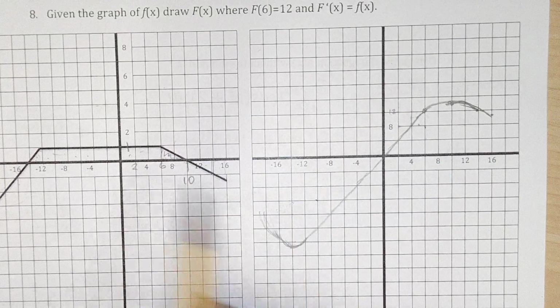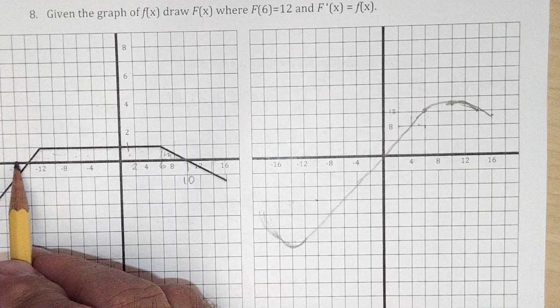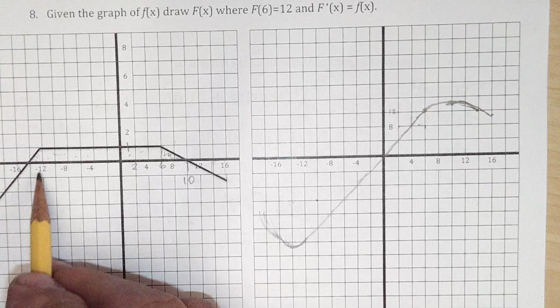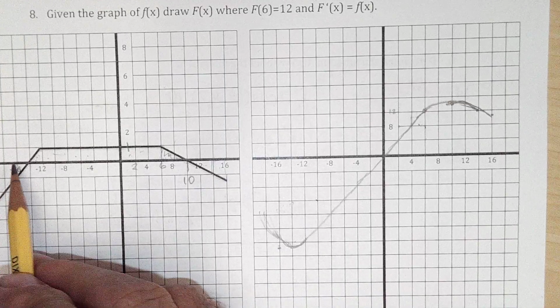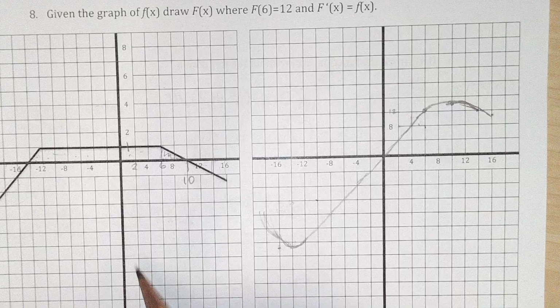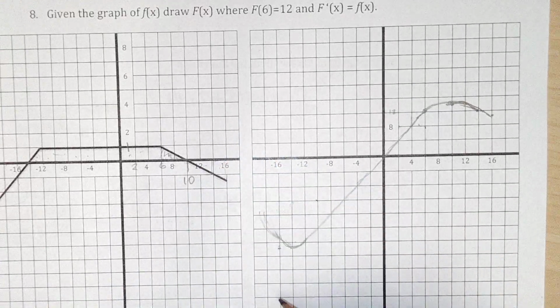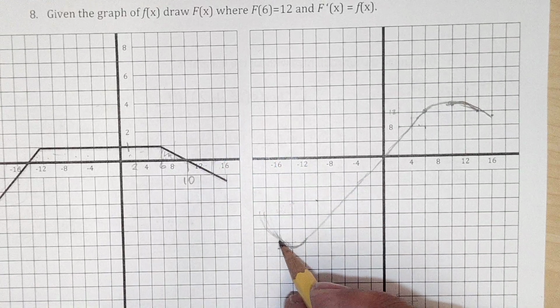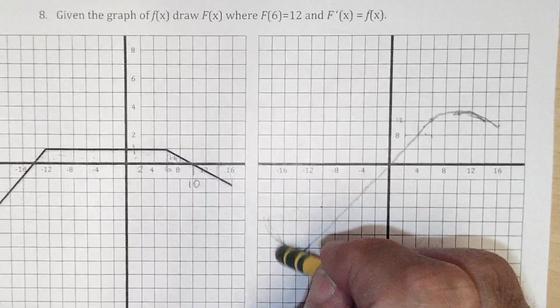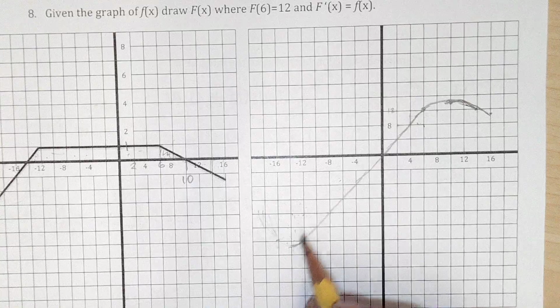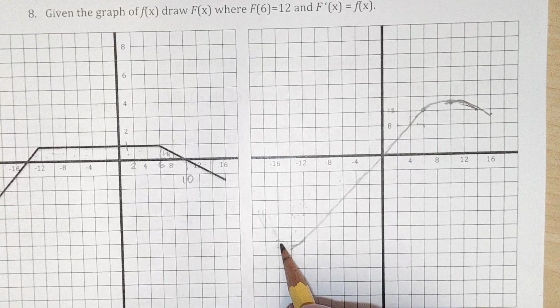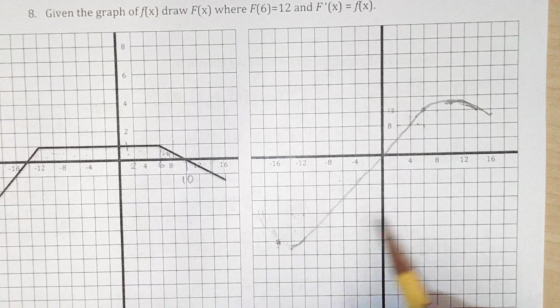If I go from negative 14 to negative 16, one box is 2, so that's 1 down. And then it's coming down, so it's got to be 1 above this, so it's about there. Or maybe this was at negative 2, so it's probably about there.